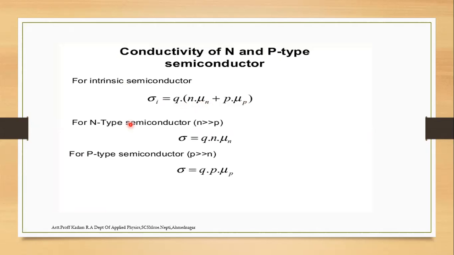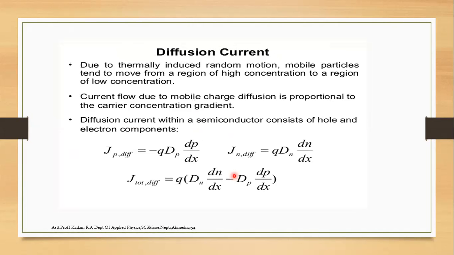For the n type semiconductor, sigma is equal to q n mu n. Then for the p type semiconductor, sigma is q multiplied by p into mu p. Those are the basic terms related to the conductivity of the material in a semiconductor.